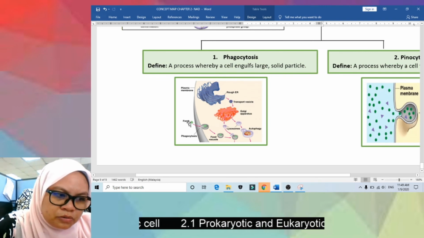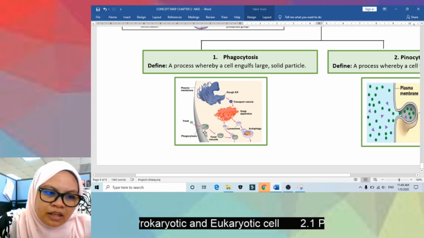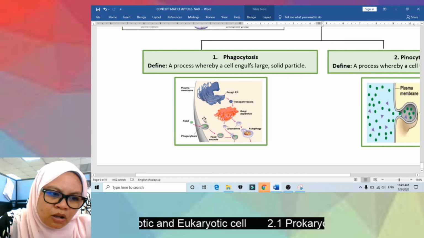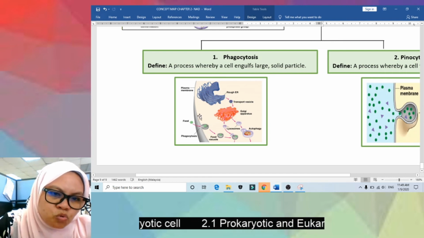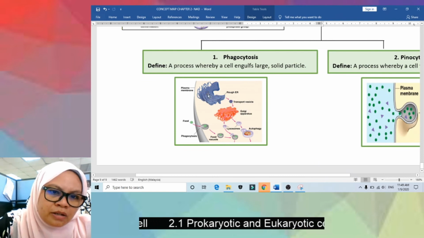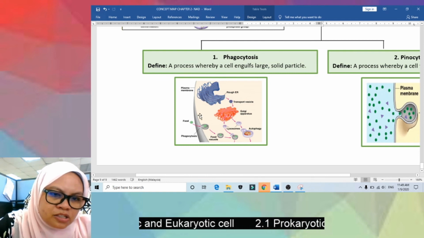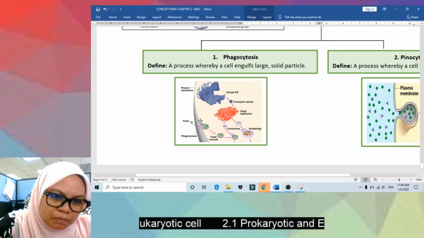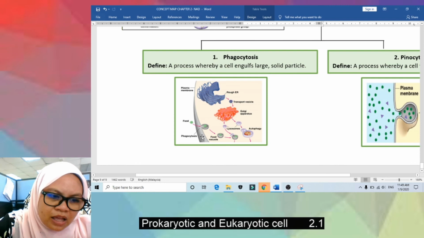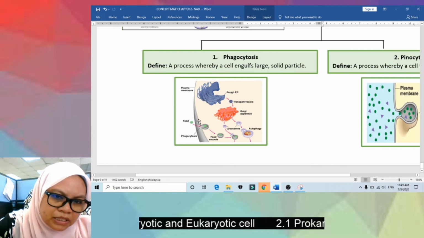So the food will attach to the membrane of the phagocytic cell, and then the membrane of the cell will invaginate and form pseudopodia. The pseudopodia will then surround the particle, and the cell will engulf the particle.